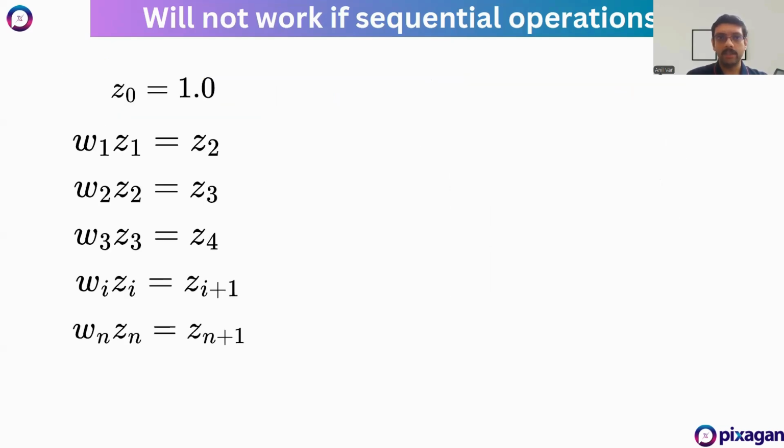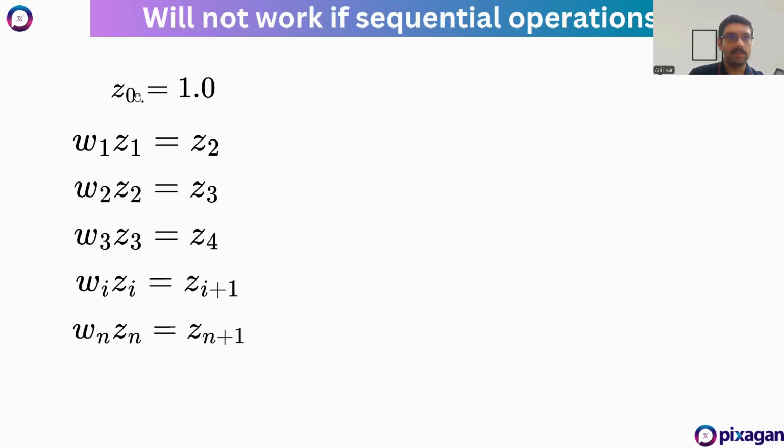On the other hand, if you take something like this, where there is a dependence, you say Z0 is this, so W0 in this case is 1. Say W1 Z1 is Z2, and then W2 Z2 is Z3, W3 Z3 is Z4, and so on. What do you get?